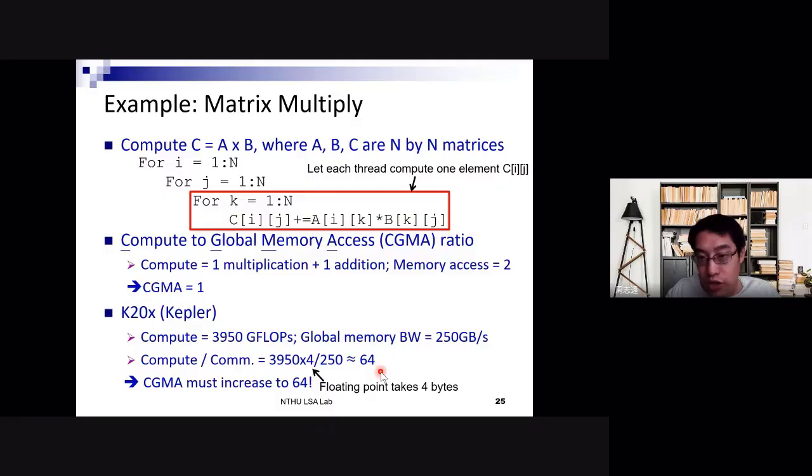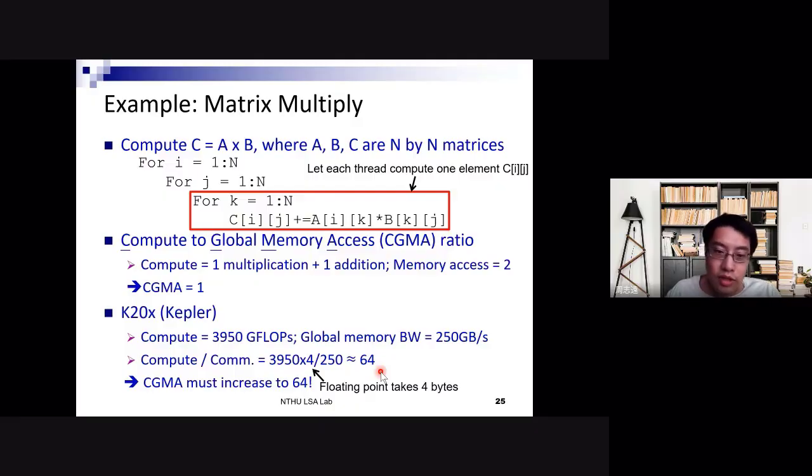But for the bandwidth, on one hand, people want to have a larger memory space, right? On the other hand, if you have larger memory space, usually it will cause longer memory delay. So that's why we have those 3D stack memory techniques, trying to reduce the distance from the memory chip to your computing core. So usually it's harder to reduce the memory latency or increase the memory bandwidth.